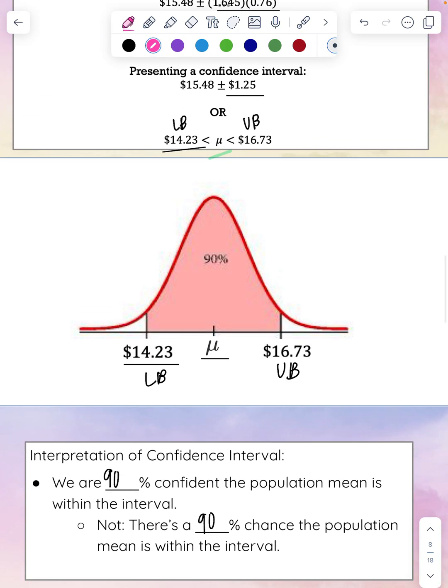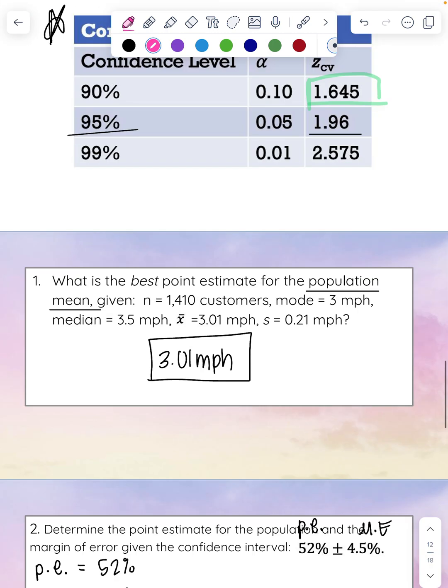If I'm 90% confident that my population parameter is between those two values, that means that there's a 10% chance of error. And that 10% chance of error comes from 5% right here, 5% right here. So that's why you have to take your alpha level and divide it by 2 for both sides of this interval.